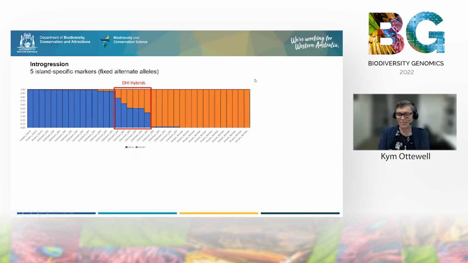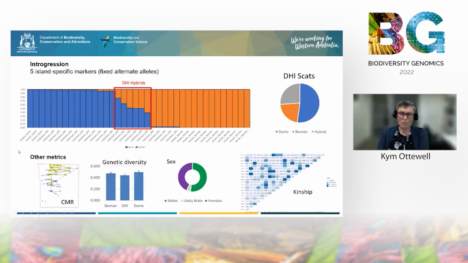So this allows us to summarize this information to determine the patterns of introgression in that new and establishing population. The SNP panel is also going to be used to estimate population sizes through the microcapture analysis. It gives us estimates of genetic diversity across the populations.